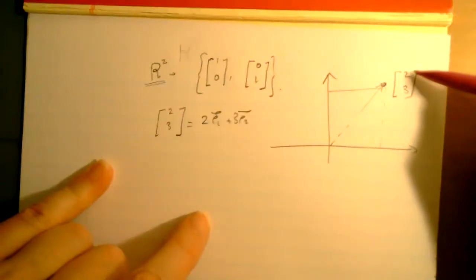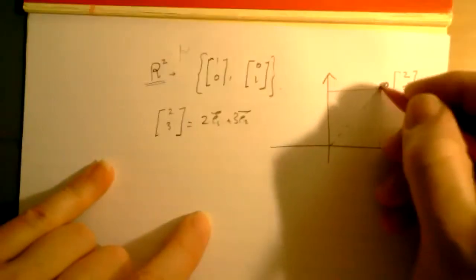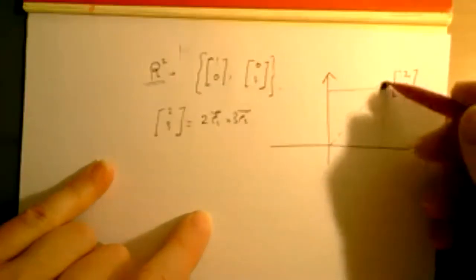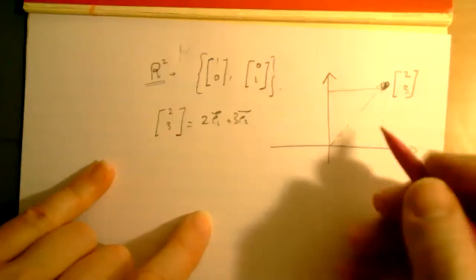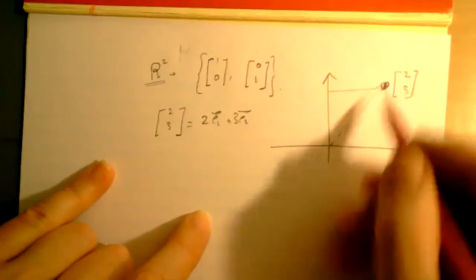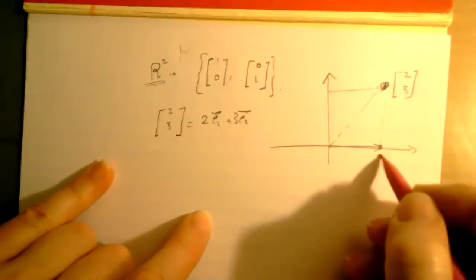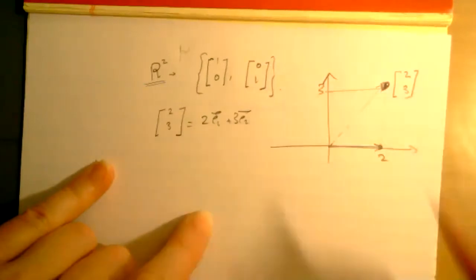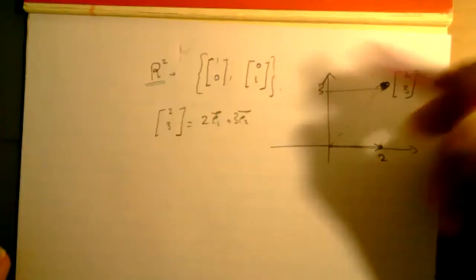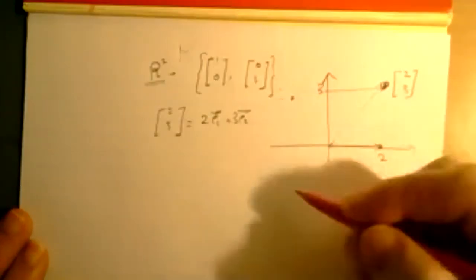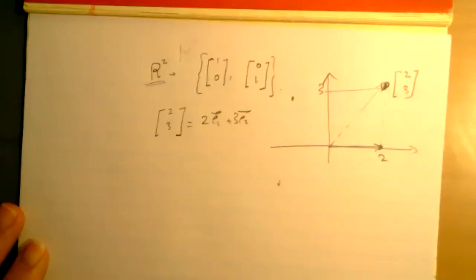And we call (2, 3) the coordinate of this point. It means that to get to this point, you need to go 2 this way and 3 this way. And we used those coordinates basically to describe the position of any point in the plane.